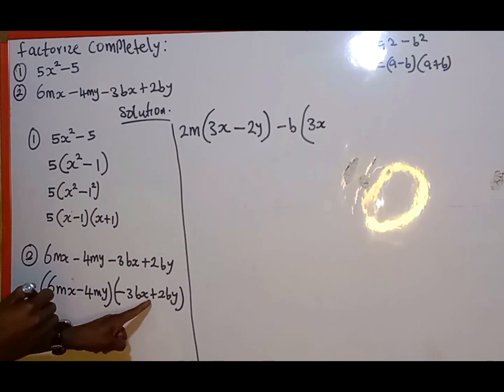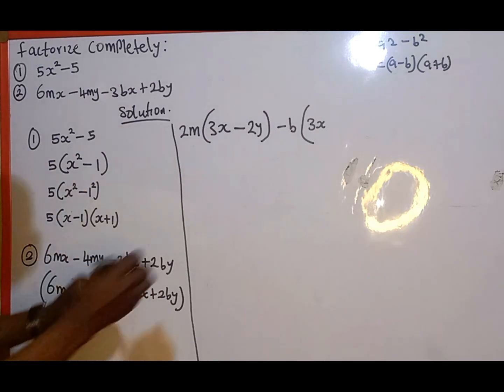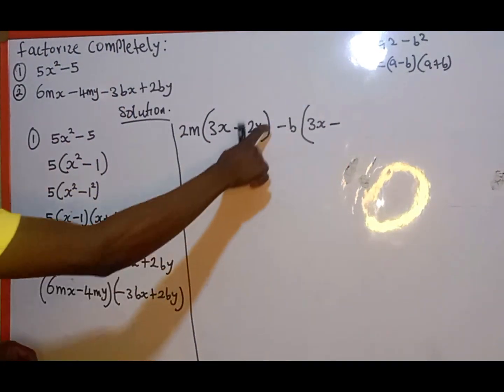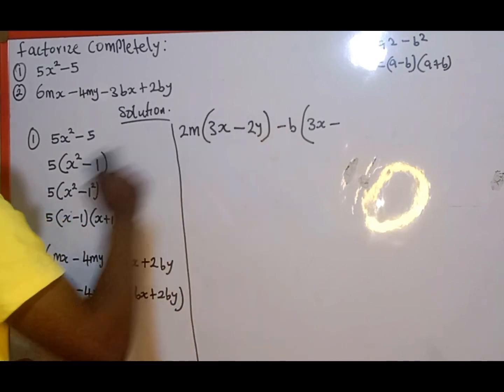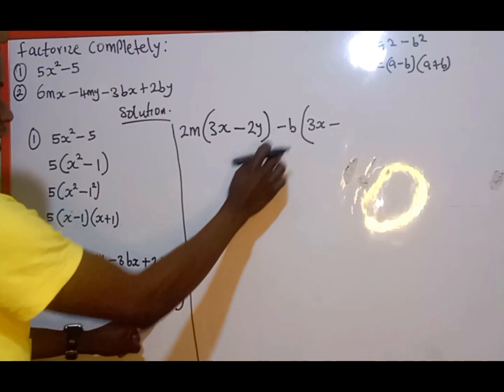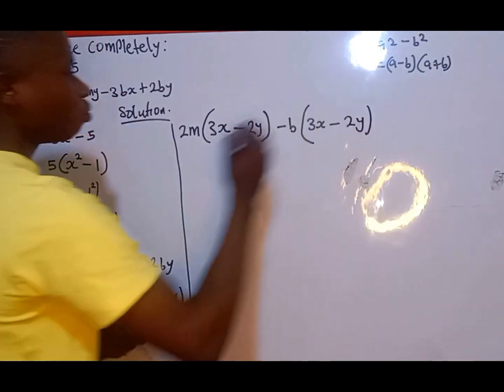Because of this minus, it is going to affect this positive, and negative and positive is going to be negative. So this place is going to be negative, because the negative is outside already. Then 2by, and b is outside, so we are left with only 2y if b cancels b.